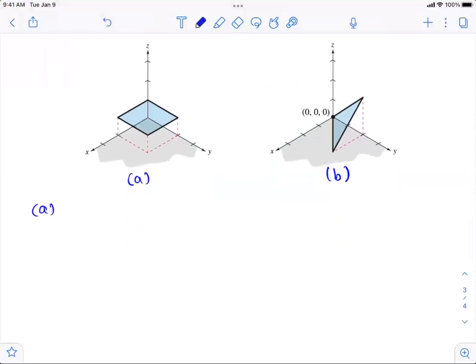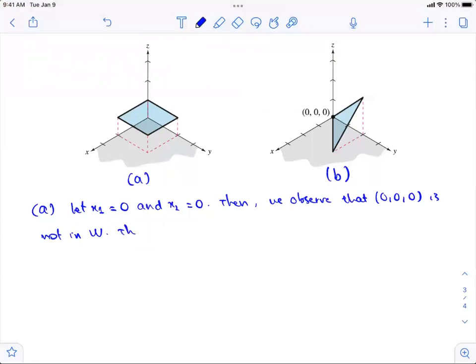So from part A, letting x1 = 0 and x2 = 0, we observe that the vector (0, 0, 0) is not in W, thus W is not a subspace of R3. That's how you disprove the first question.